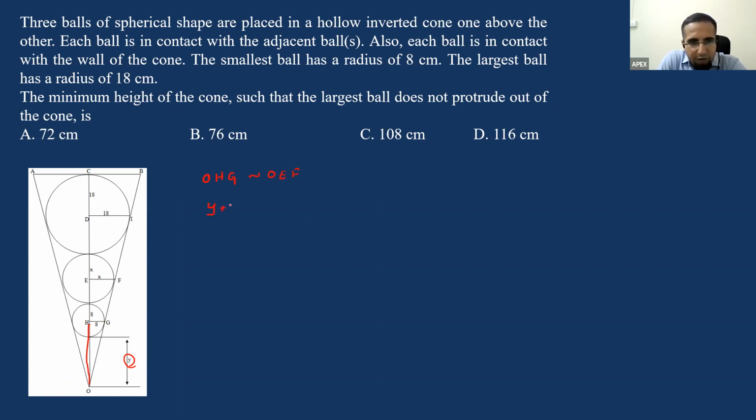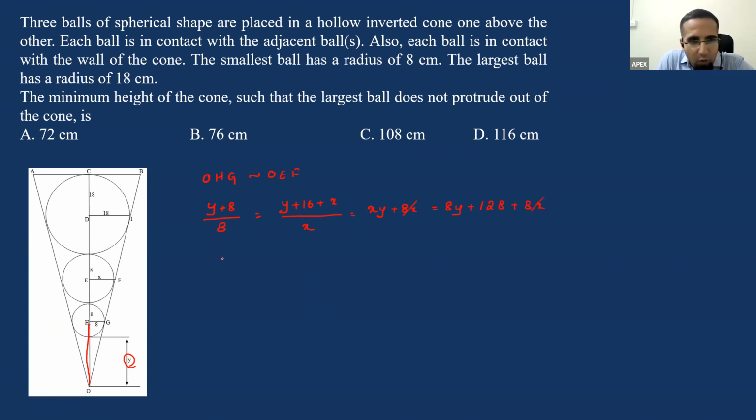So in that case, we get OH by HG, y plus 8 by 8, is equal to, this is y plus 16 plus x, divided by x. Clear, guys? When we cross multiply this, what do we get here? We get xy plus 8x is equal to 8y plus 8 16s are 128 plus another 8x. So 8x and 8x get cancelled.